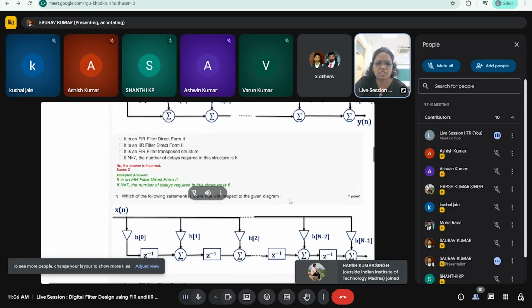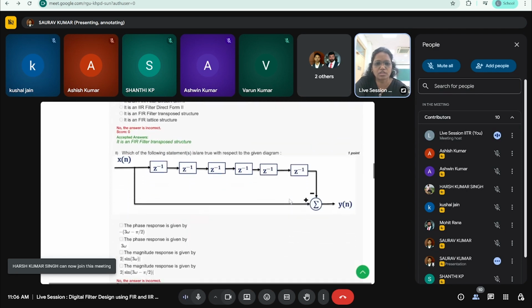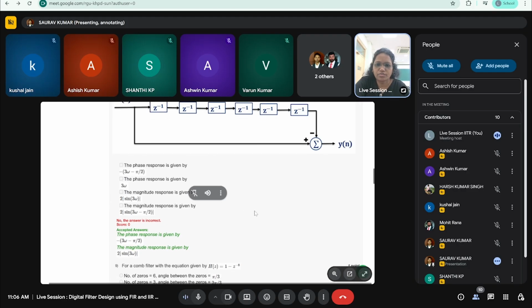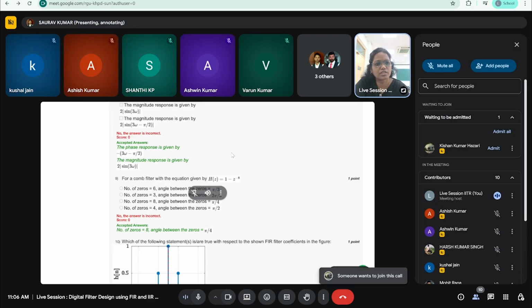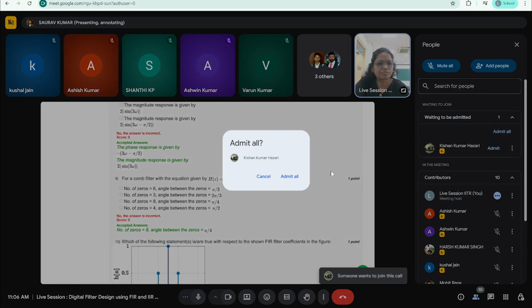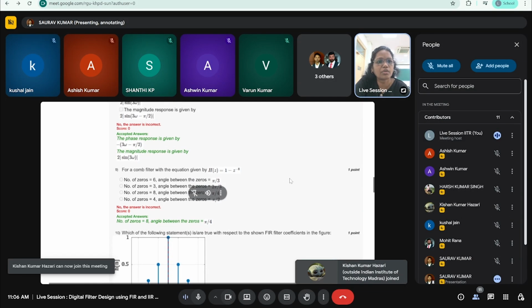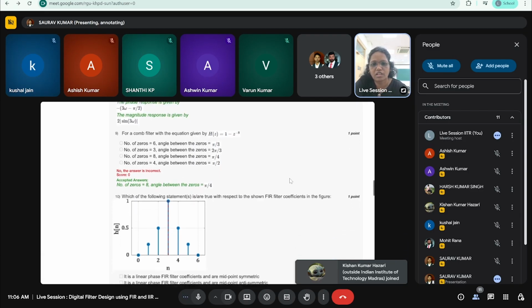And these are the taps, and we have given the Verilog codes also in one of the lectures related to it. And the comb filter, the response H of z, you need to obtain, and from that H of z, what is the phase and what is the amplitude of it. Because it's a comb filter, you have to see the magnitude and the phase response in it and answer the question here.